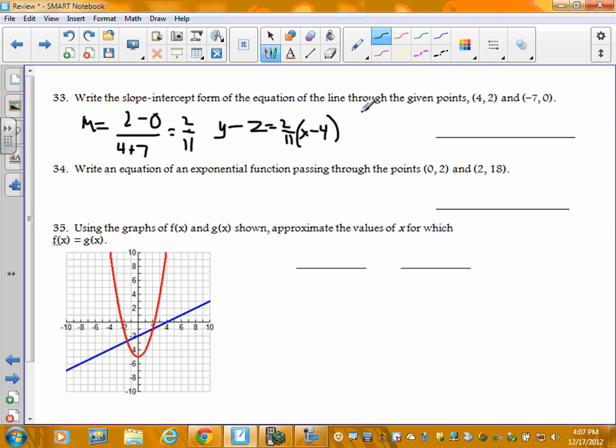That's what I think my final answer is. I think my final answer is y equals 2 elevenths x plus 14 elevenths.